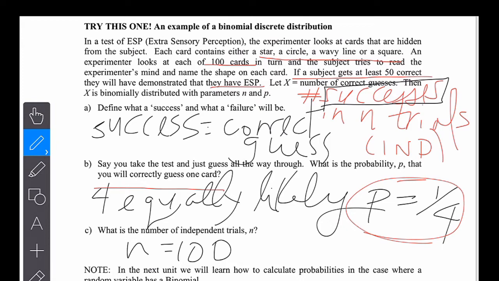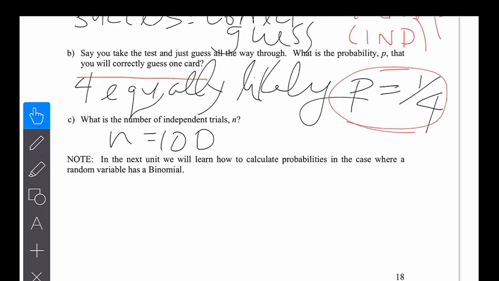Right, so yes, this is a binomial setting, and the variable that we're interested in, which I should spell out even though it's above, I'll spell it out again.